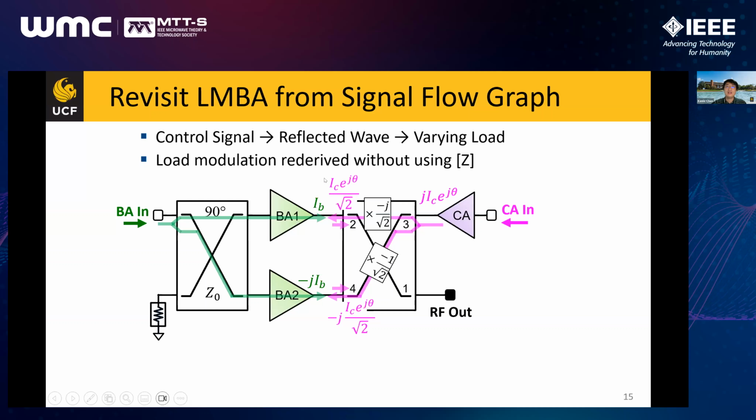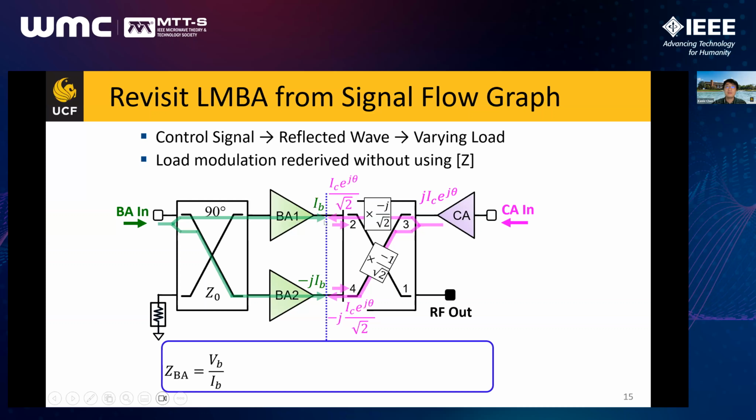So at this balanced amplifier port, we actually have three currents: the incident current I_B, the control signal, and its reflection. In order to calculate the load modulation of this balanced amplifier, its load is equivalent to the total voltage divided by the current it's generating. The total voltage is contributed by all three currents, I_B, I_C forward, and I_C reflected.